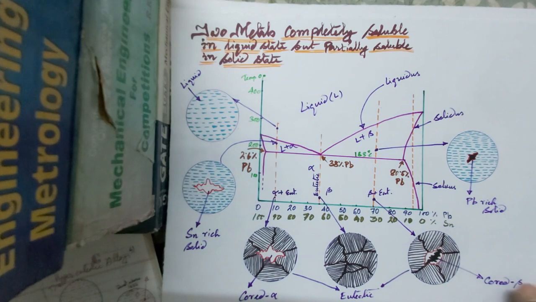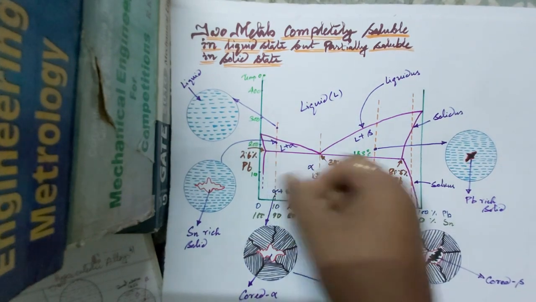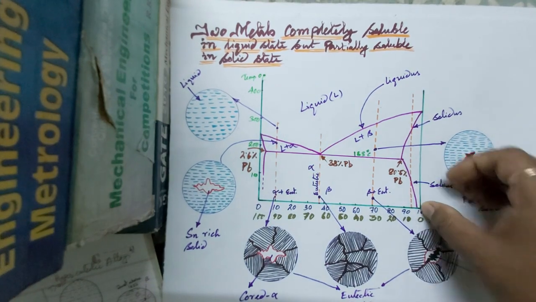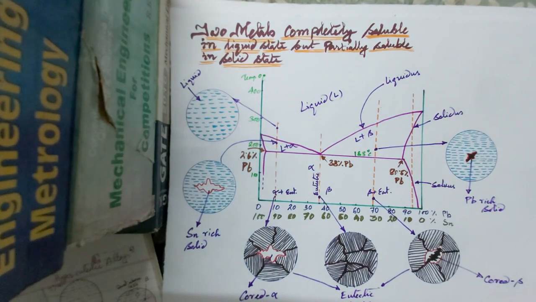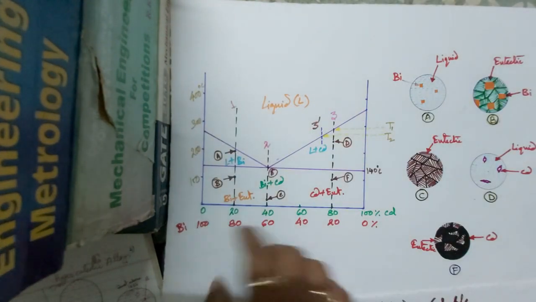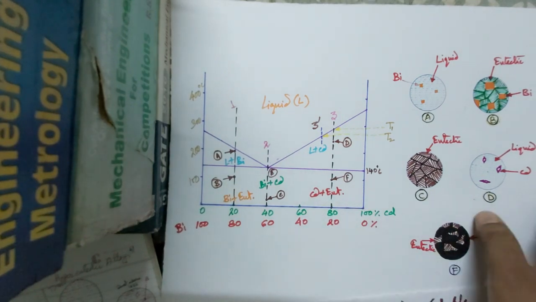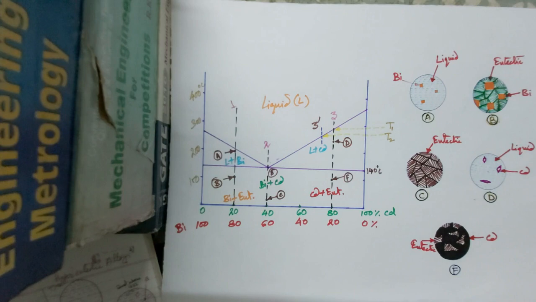So here we have a little bit of solubility, or partial solubility, in solid state. So that's why we have this solvus line, as these alpha and beta are partially soluble in solid phase, but in this case we don't have any solvus line, as these are completely insoluble in solid phase.